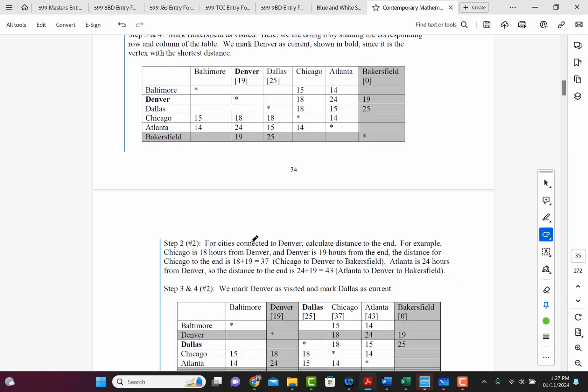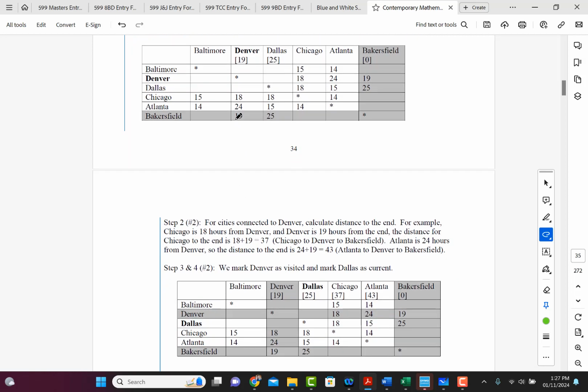So again, we're going back to step 2. It says for cities connected to Denver, calculate distances to the end, right? To Bakersfield. For example, Chicago is 18 hours from Denver, and Denver is 19 hours from the end.